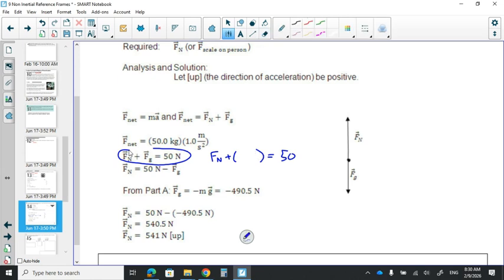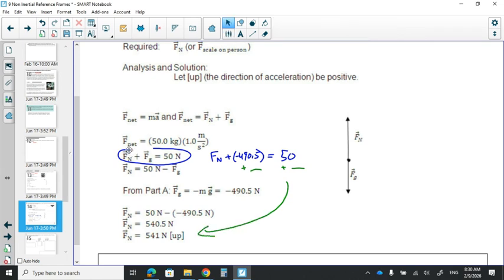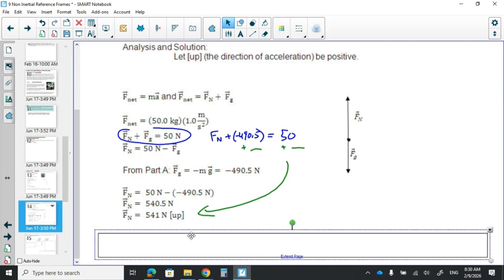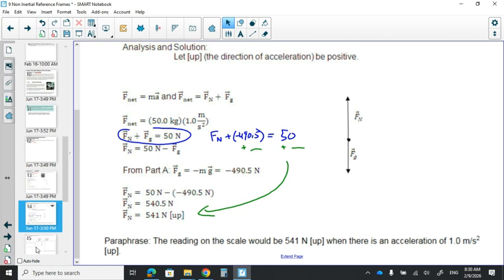So negative 490.5. Then we add that number to both sides and end up with the 591 up. Point being, the normal force is increased by that analysis. And so in the end, therefore, the scale would read more.